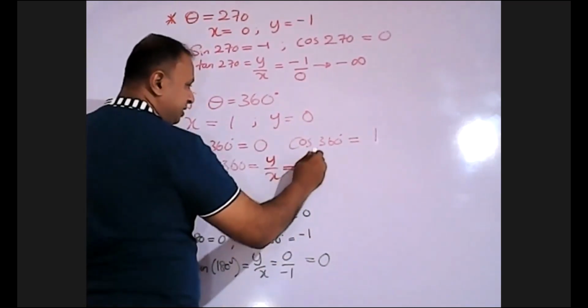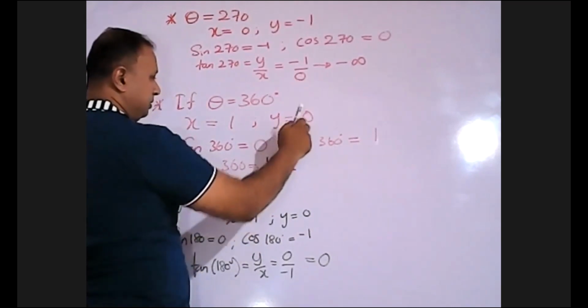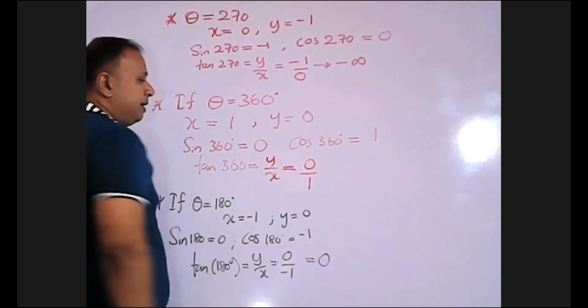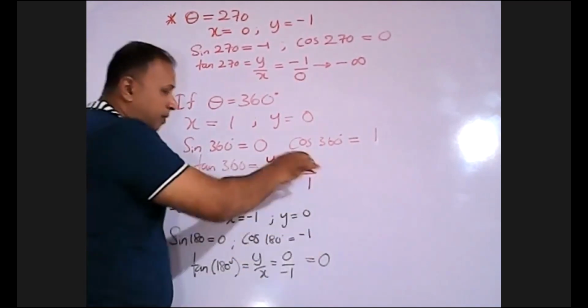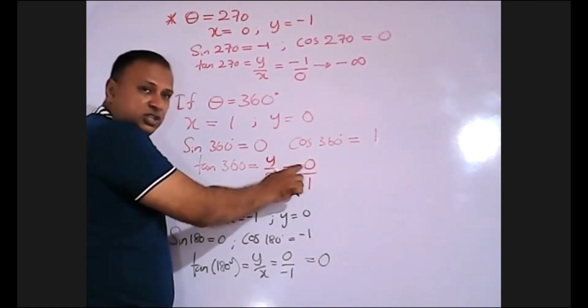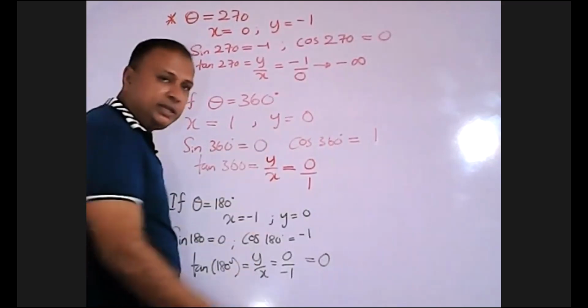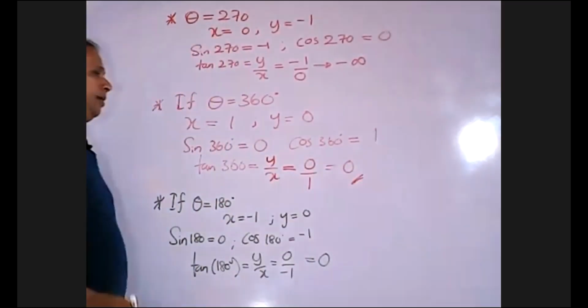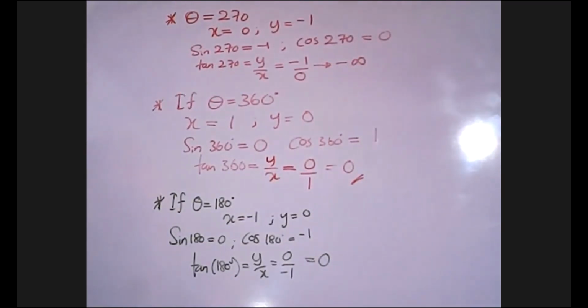Now the y coordinate is 0, the x coordinate is 1. 0 over 1 means it is a multiplication because 0 is in the numerator. So it is equal to 0. Write down those things.